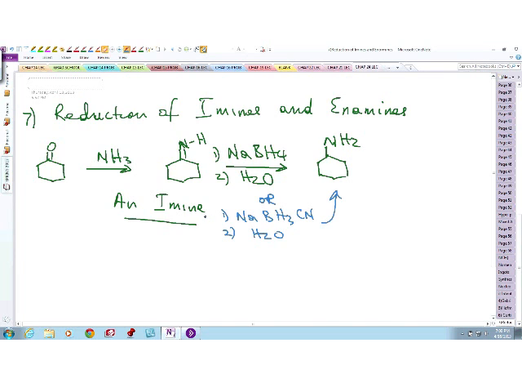Now, supposing you want a secondary amine. Here, let us use the same cyclohexanone.